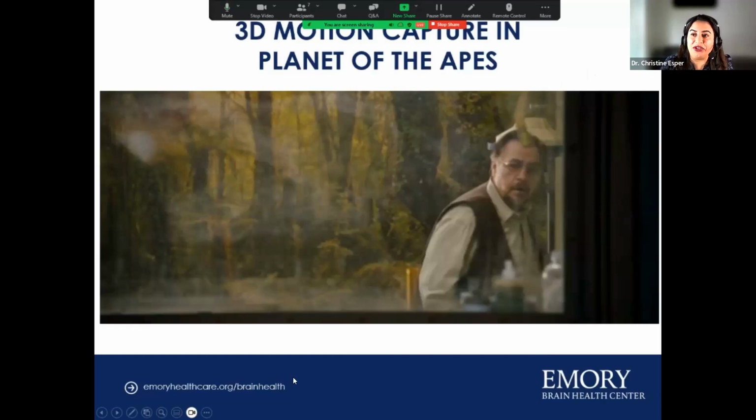Now I'd like to show you a clip of 3D motion capture, which was used in the movie Planet of the Apes. It's actually a tool that's used in media and in movies these days.